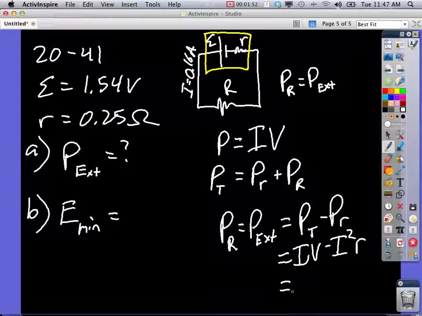Somebody do that. What's 0.16 times 1.54? 0.246 minus 0.16 squared times 0.25. Is this the answer total? No, that was just the first part. Sorry, that's fine. What's I squared r? 0.16 squared and then times 0.25.